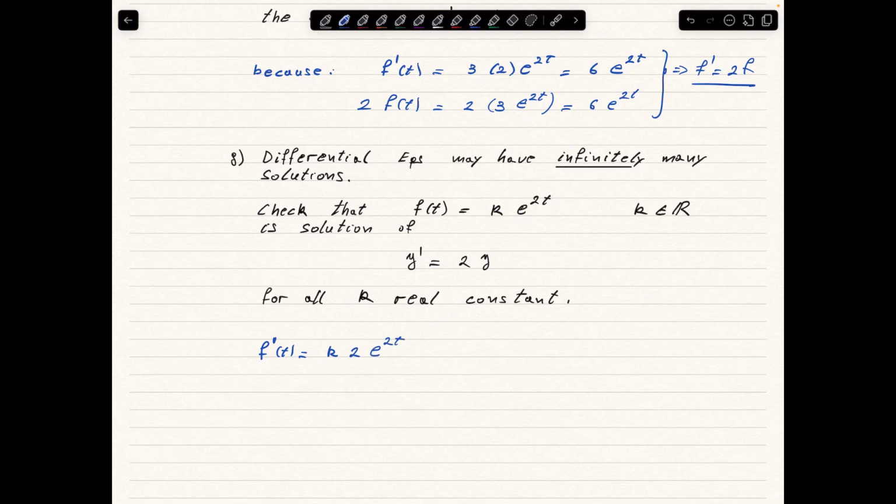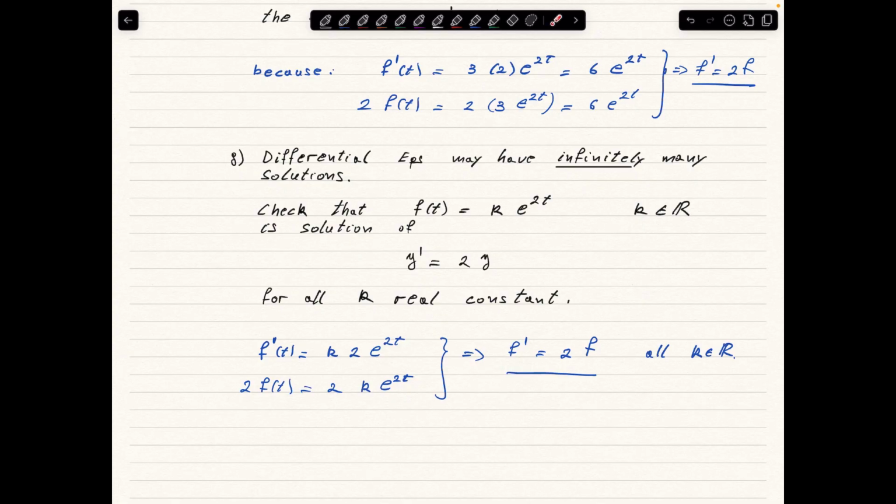And now what we need to do is to compute 2 f of t, and that is 2k exponential 2t. This is f, and you see it doesn't matter what k is. For every k, we are going to have that f prime is actually equal to 2f. And this is for all k real.